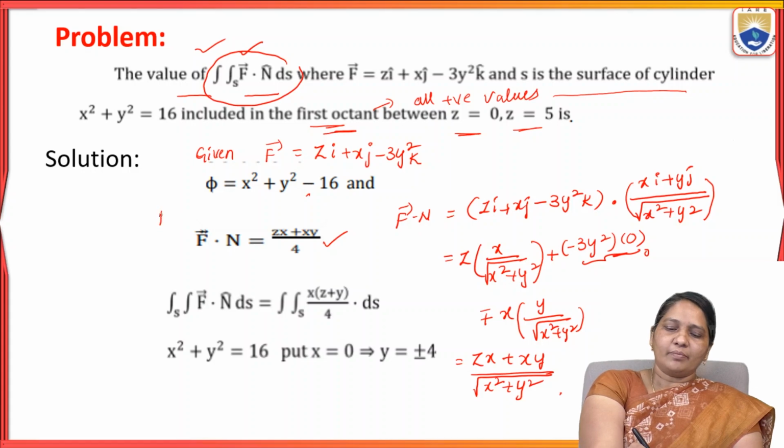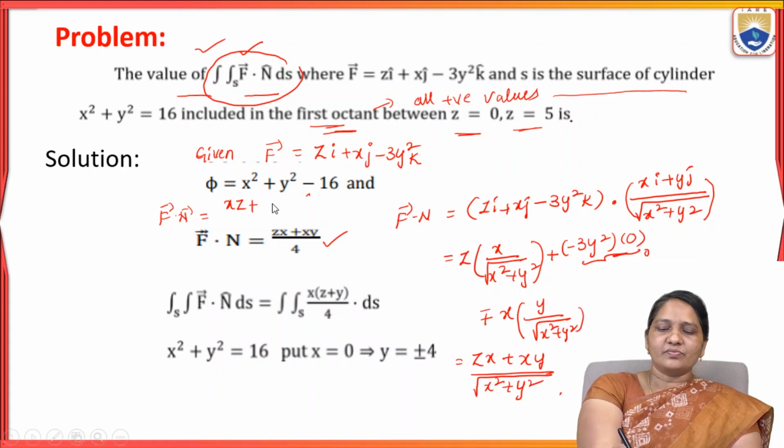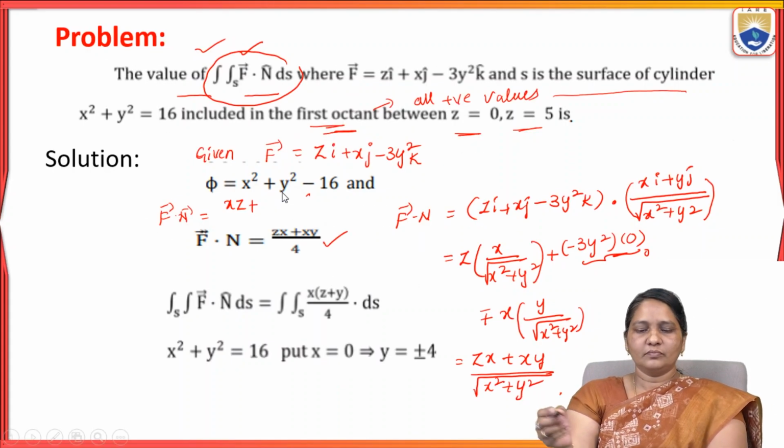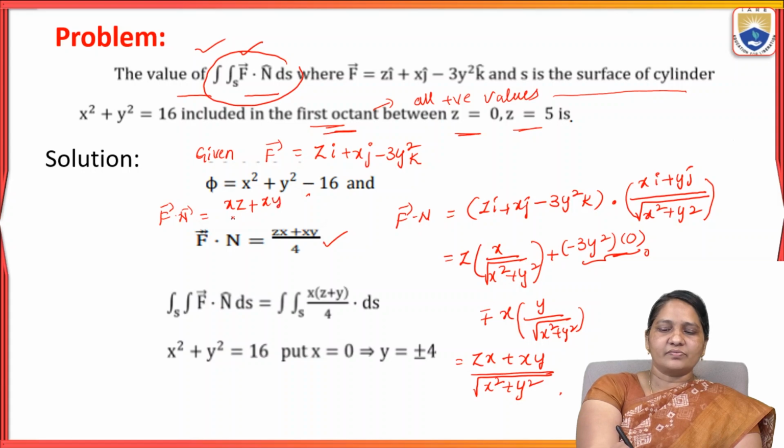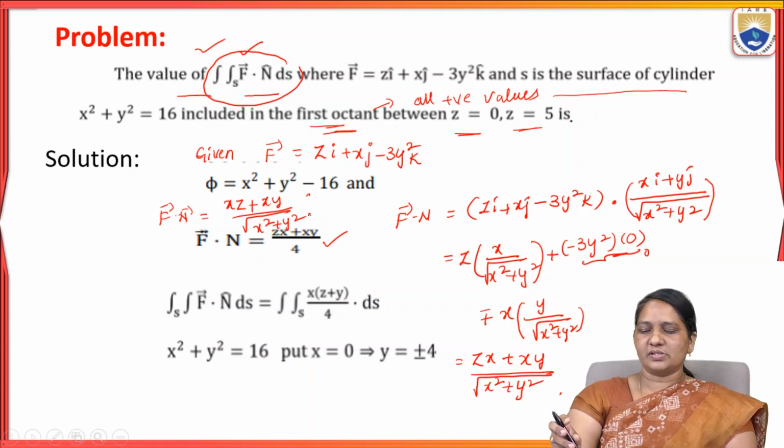What did I get here? F bar dot n bar equal to xz plus xy plus xy by square root of x square plus y square. That is equal to zx plus xy by square root of x square plus y square.